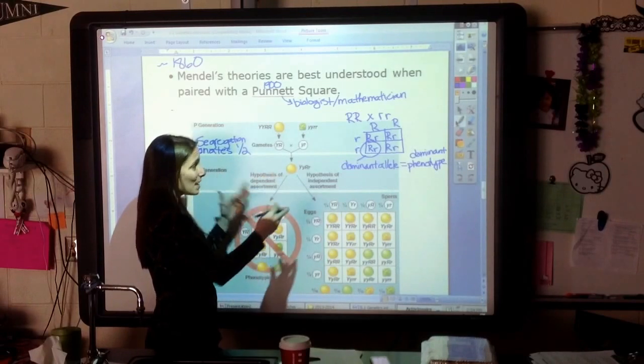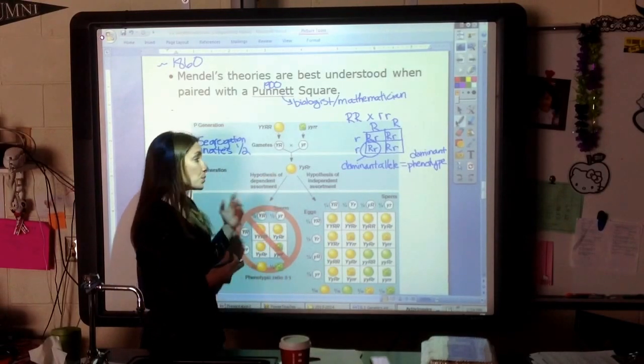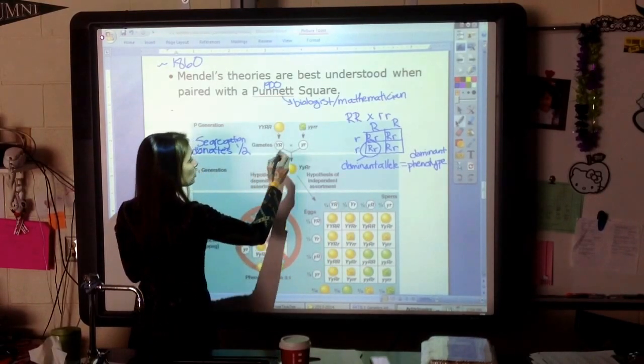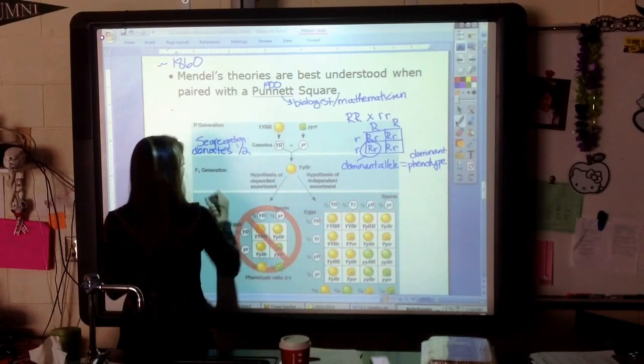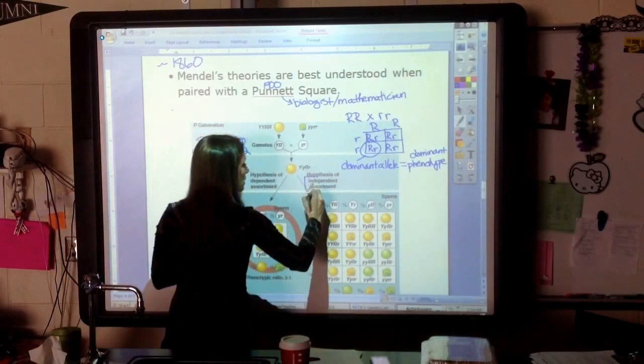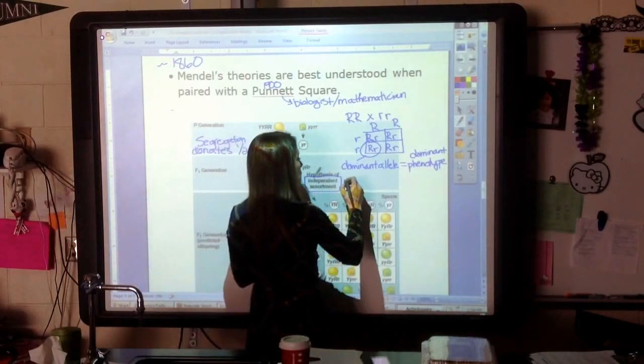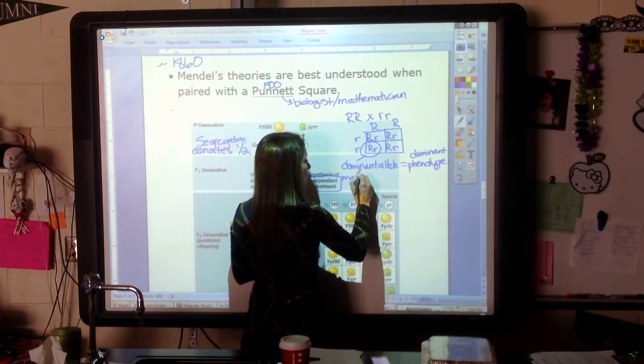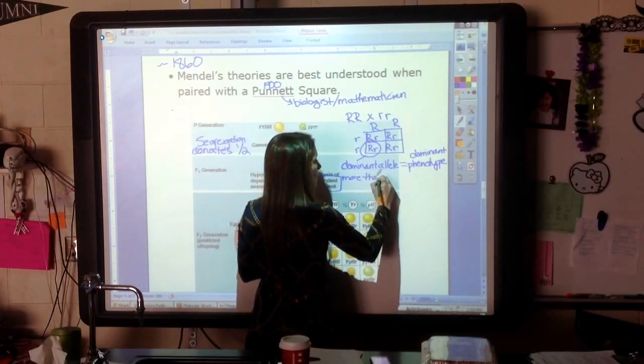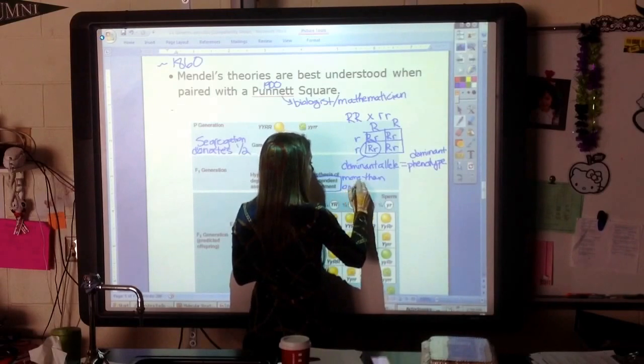So when you're examining this diagram, what's important here is that we're looking at two traits. So independent assortment means the assortment of more than one trait.